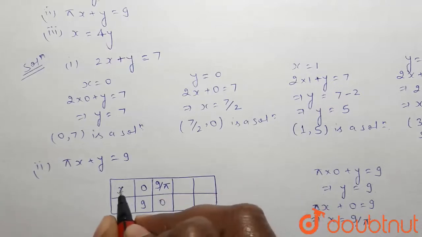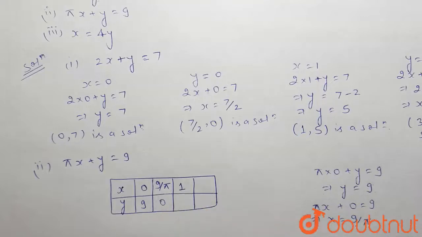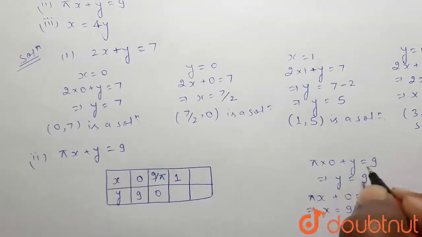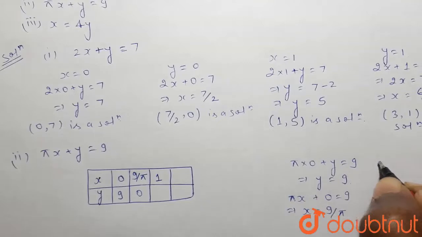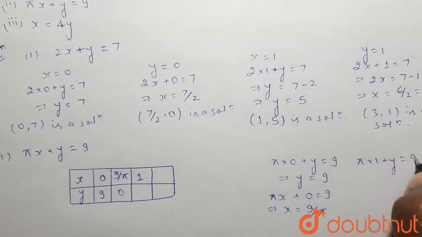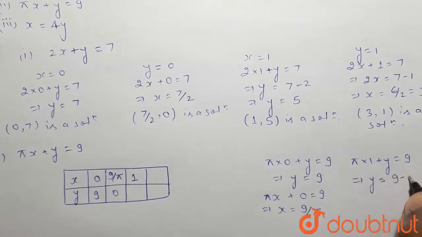Now to find the third solution, let's put x equals to 1. So the equation will be pi into 1 plus y equals to 9. So y will be 9 minus pi.